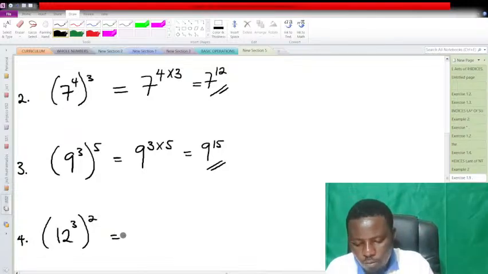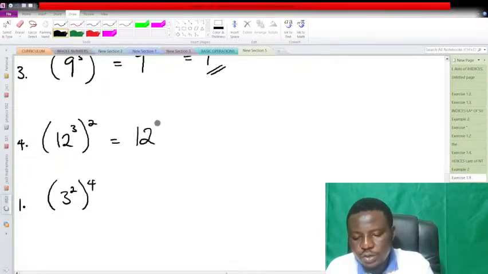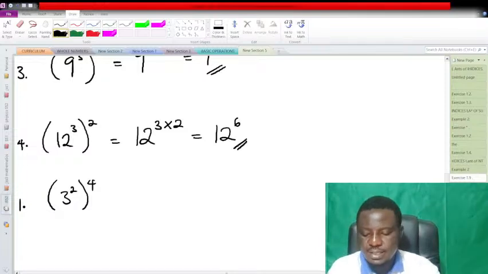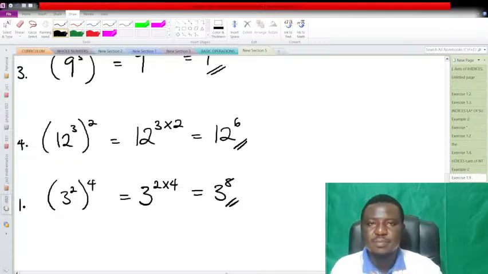Number 4, this can be said to be equal to 12 raised to the power of 3 times 2, which is equal to 12 raised to the power of 6. And number 1, this can be said to be 3 raised to the power of 2 times 4, which is equal to 3 raised to the power 8.